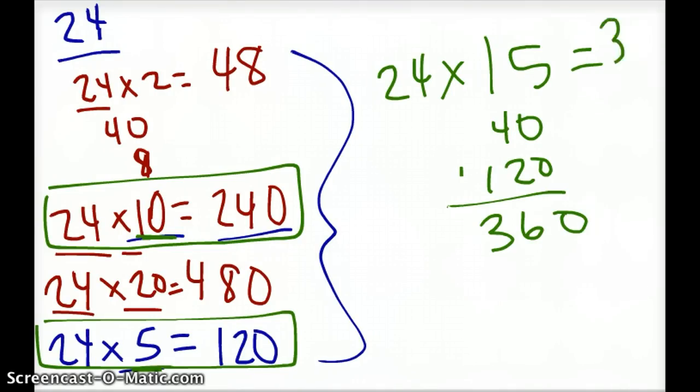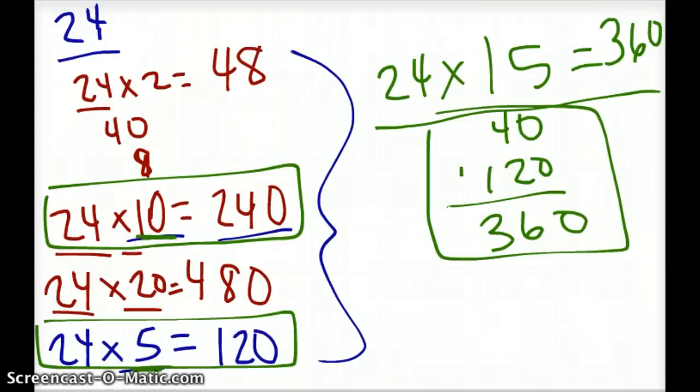And when I add those up, I get 360. So instead of having to break apart 24 times 15 and make 4 separate equations and then add them up, I'm able to solve by adding 2 equations together, both of which were solved pretty easily using mental math and thinking about the numbers and their relationships.